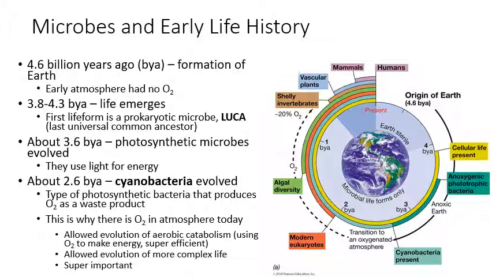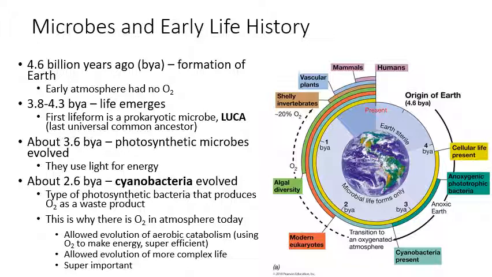Right, so these cyanobacteria are basically what allowed us to exist. They are what allowed evolution to continue to create more complicated life forms. Oxygen is, of course, something that we use for energy. It's very efficient. We're going to learn about the process that we specifically use to get energy that requires oxygen later on in the semester, and you may remember it from general biology too.